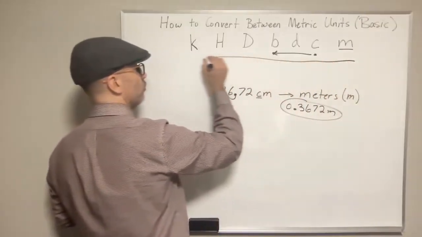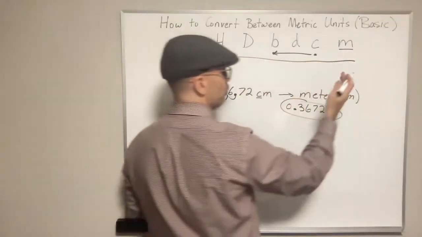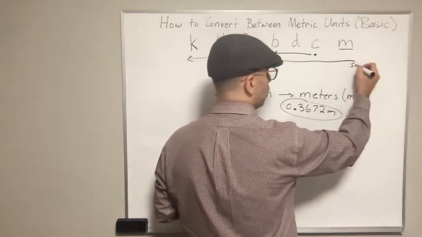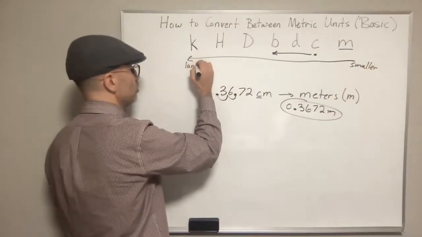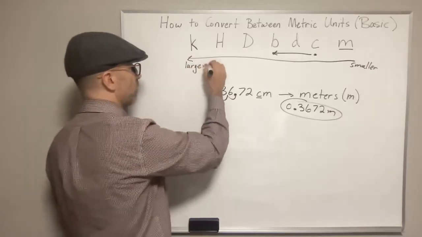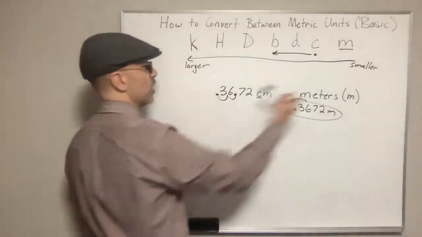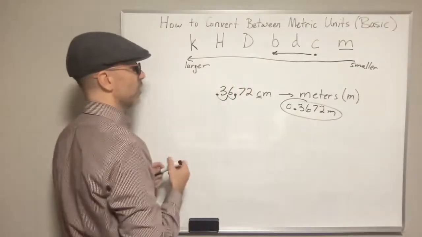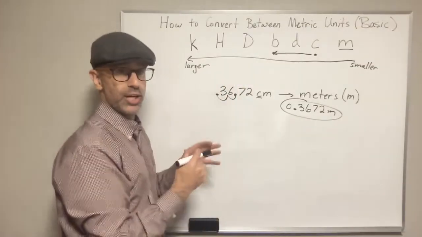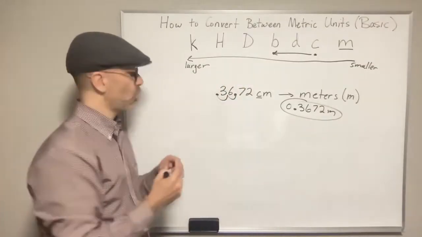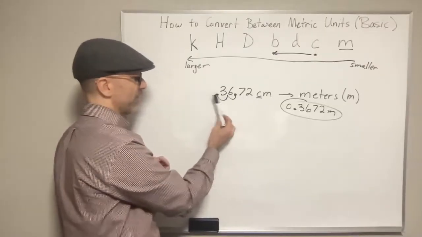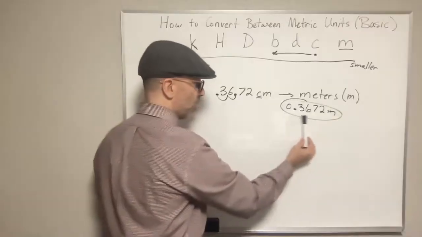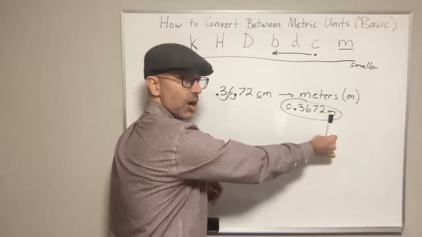As you go this way, your unit is getting from smaller to larger. So the unit is getting bigger going this way, right? So the larger the unit, the smaller the number. Notice that I'm moving the decimal point over twice, and now I've got a smaller number, but I've got a larger unit.